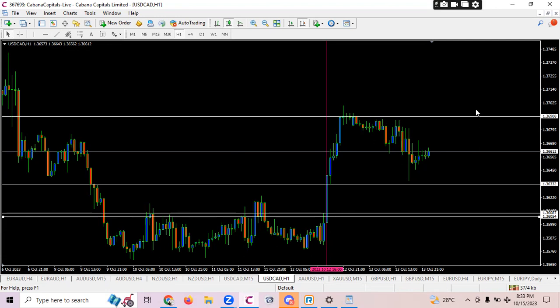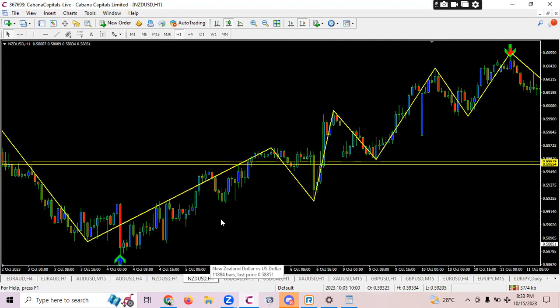Okay, which other pair? New Zealand USD. Bias on New Zealand USD is bearish. New Zealand USD is positively correlated with Australian dollar USD, Euro USD, and GBP USD. Let's just see the charts.